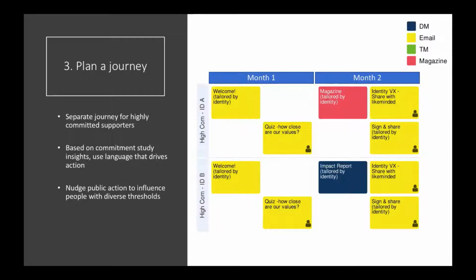So we know what language to use for each identity, what offers to put in front of them in order to increase their commitment. And now we need to also add touch points that lay the groundwork for movement creation. Maybe you can ask them to take part in a quiz to find out how close our values are. And through that quiz, they don't only share their own values, but most importantly, we show them that what they think and believe about the cause is shared by many other people, not just us as the organization, but many others.